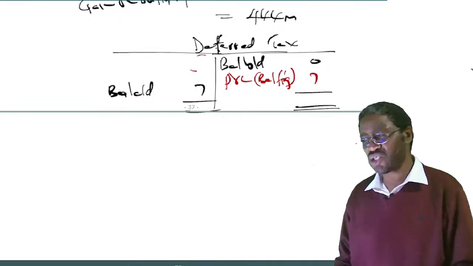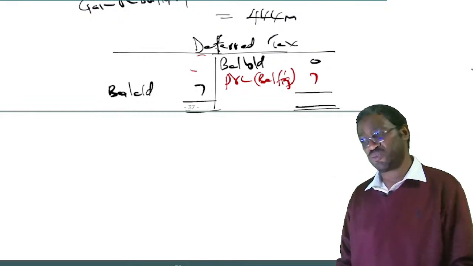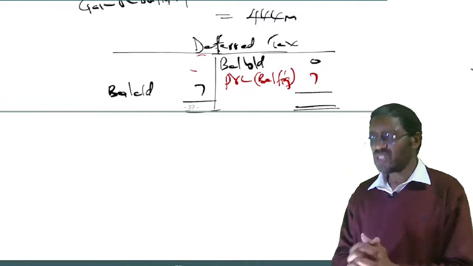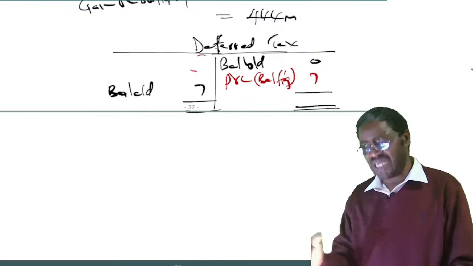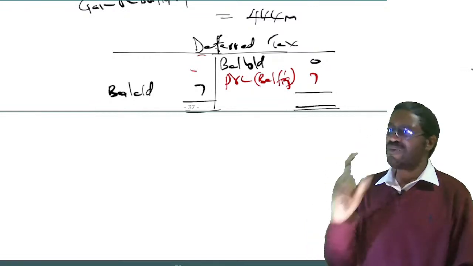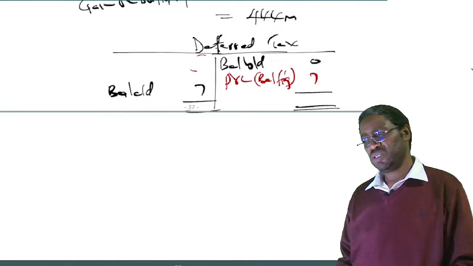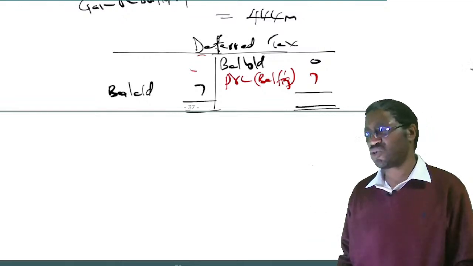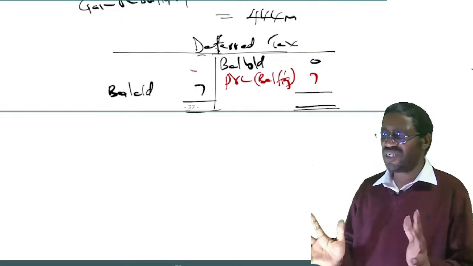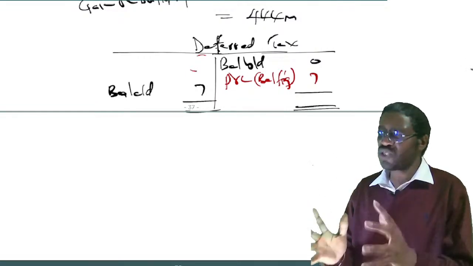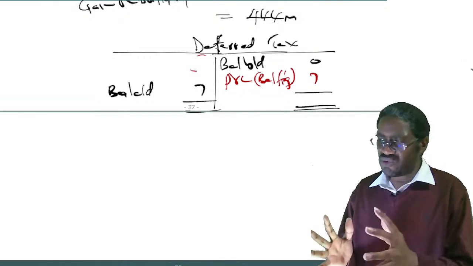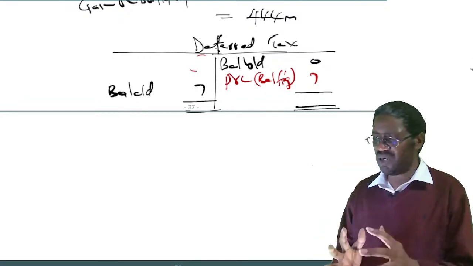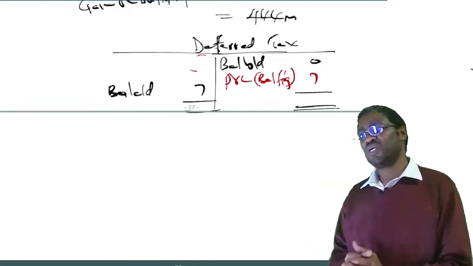For example, whenever you dispose an asset, that asset must be removed from the books of the company and taken to where? To an account called disposal account. And that's always the first thing: step number one is to transfer the cost price of the asset from the asset account to the disposal account.